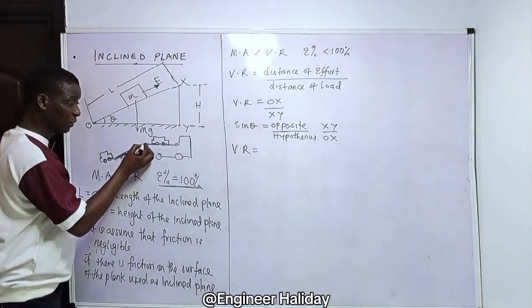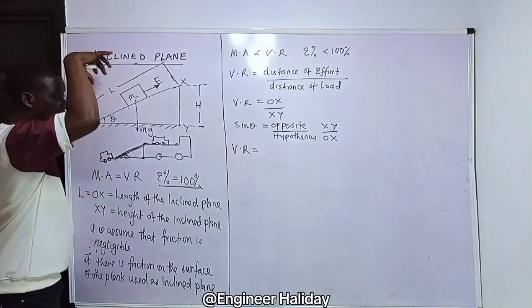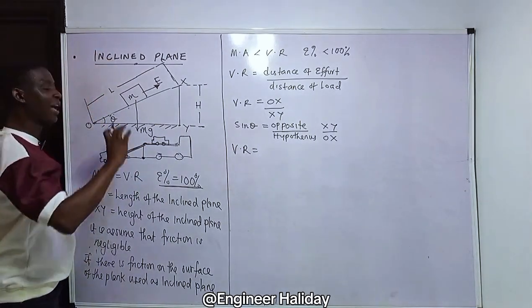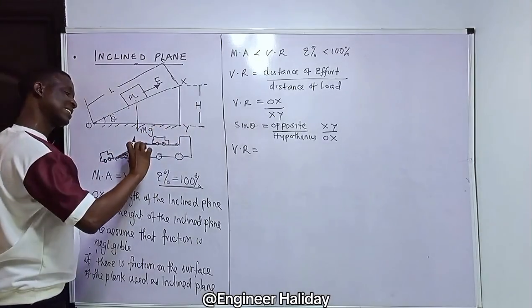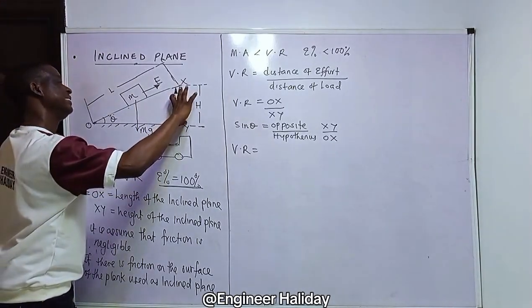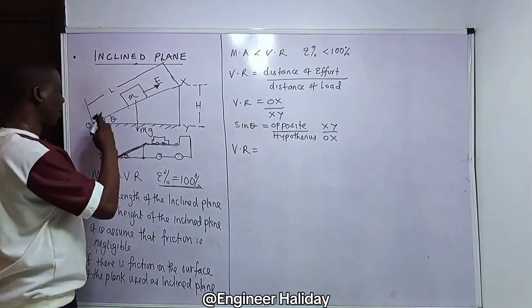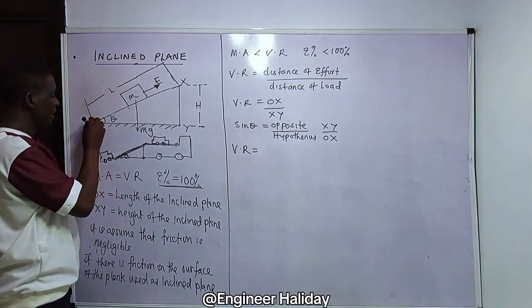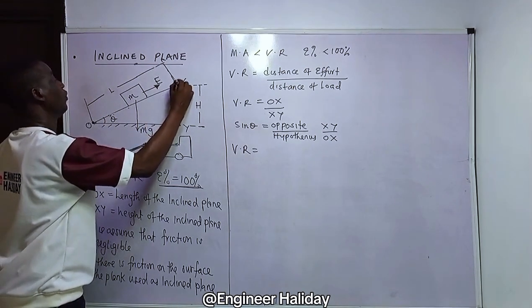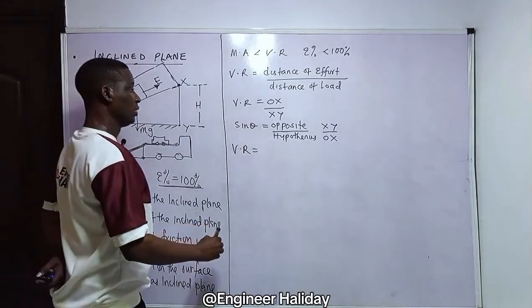So from the ground to the floor is the height you have taken the load, the car, to. That means this height becomes the distance moved by the load, while the effort is made to bring it from this point to this point.